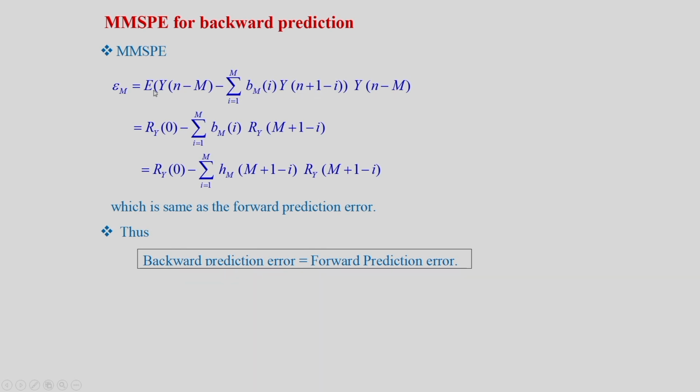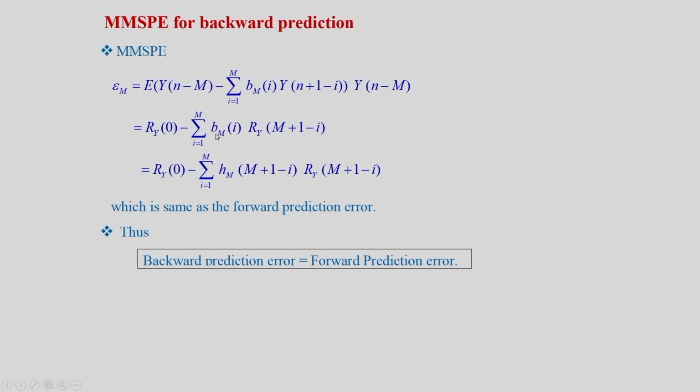Therefore, we will have simply the mean square prediction error, epsilon_m, that is the notation, equal to E of (y[n-m] minus summation b_m(i) y[n+1-i], i going from 1 to m) into y[n-m], and this is equal to r_y(0) minus summation b_m(i) r_y(m+1-i), i going from 1 to m.